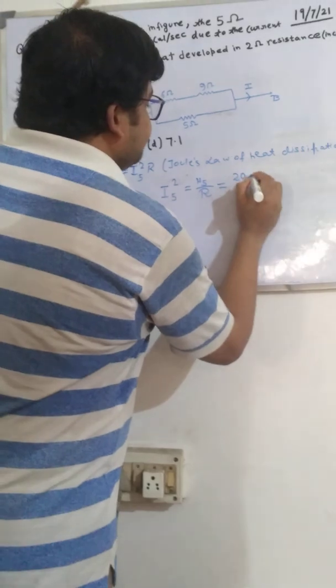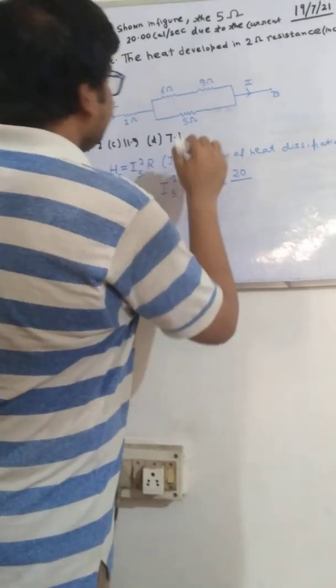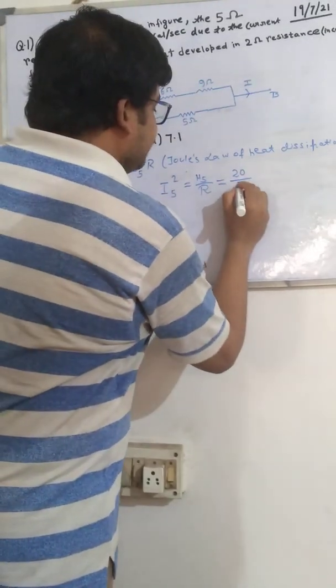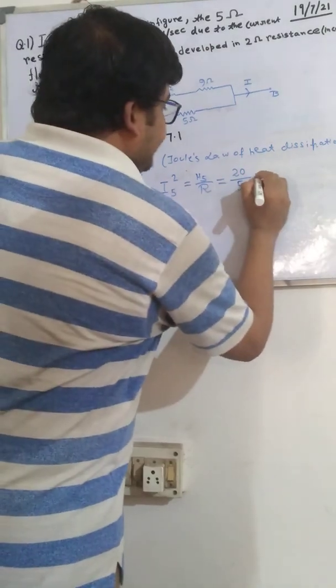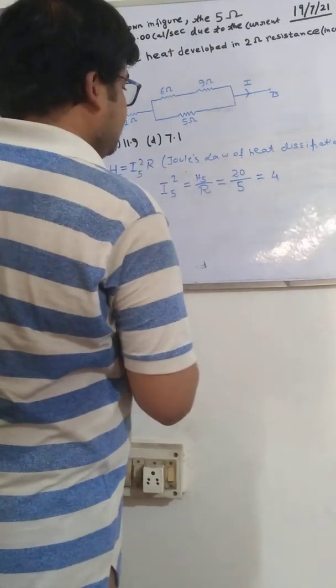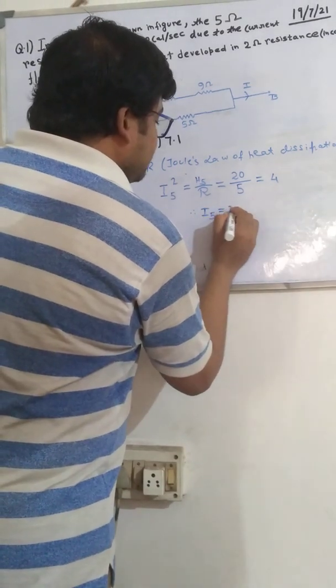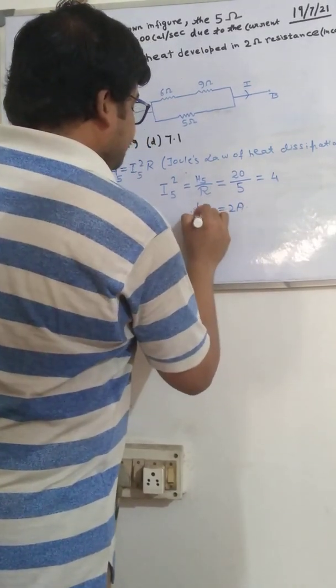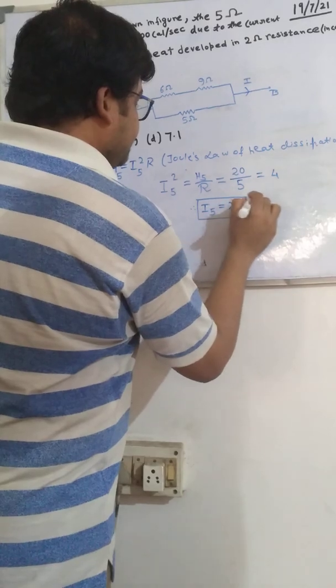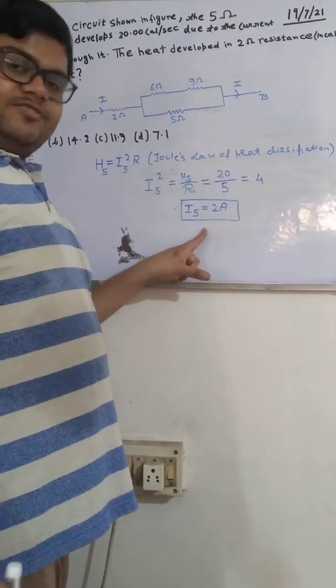So 20 by, and the resistance is 5 ohm, that is 5. So it comes out to be around 4. So therefore I5 is equals to 2 ampere.